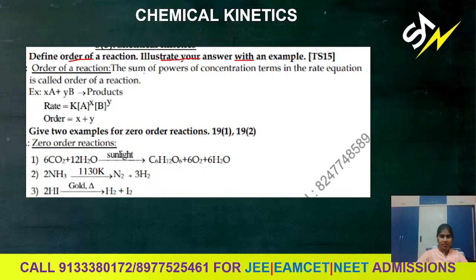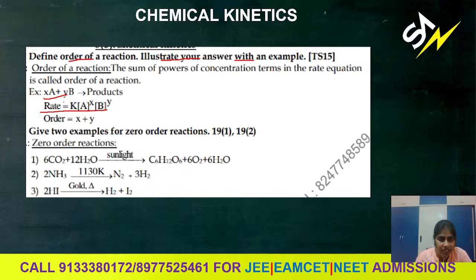The order of the reaction is the sum of the powers of concentration terms in the rate equation. Suppose we have a rate equation, rate equals k times concentration of A to the power of x times concentration of B to the power of y, for x moles of A plus y moles of B giving rise to products.